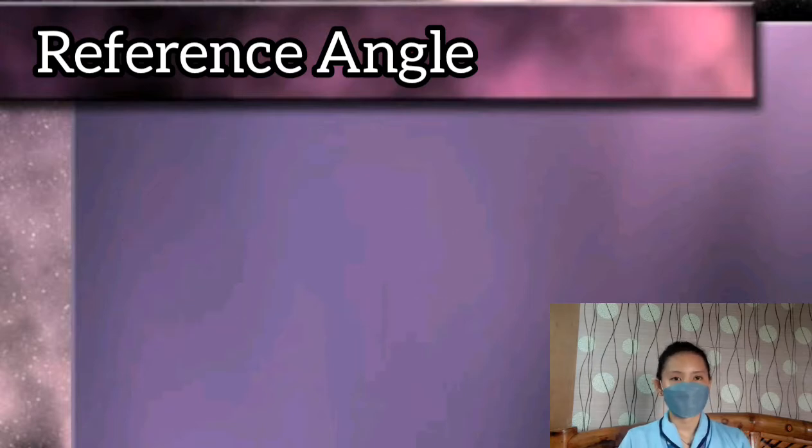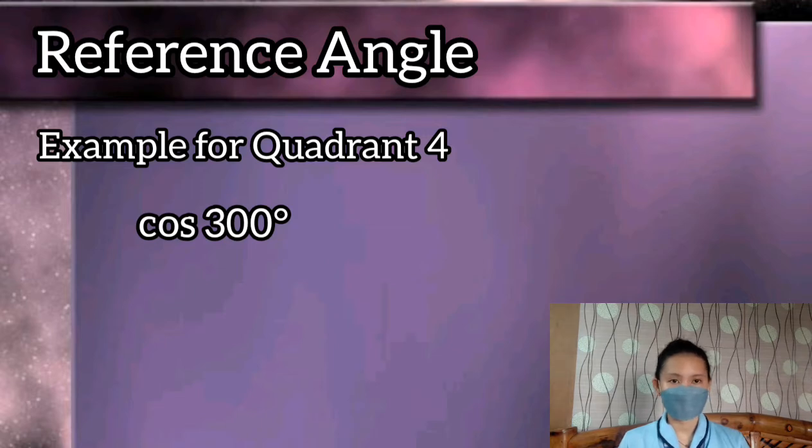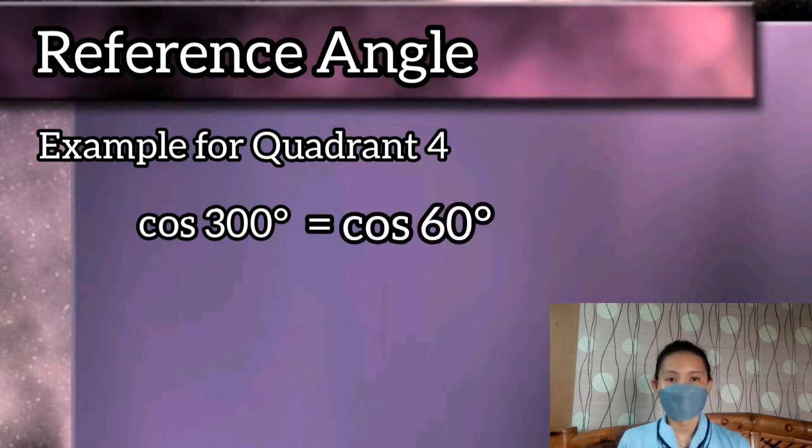Okay, so how about quadrant 4? Let's have this example, cosine 300 degrees. Okay, so the answer is cosine 60 degrees, and it is positive because in quadrant 4 only the cosine and the secant are positive. So therefore 360 degrees minus 300 is equal to 60 degrees, and that is cosine 60 degrees.